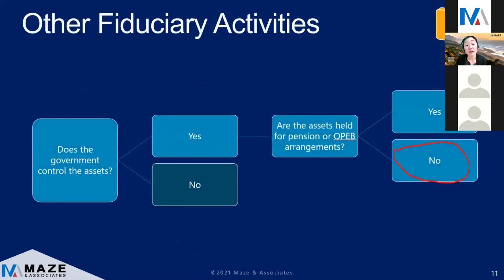So let's say that you look at those activities, and it's not a component unit. We do hold the assets, but they are not held for pension and OPEB arrangements. Then what? This is the part where last year I helped a client implement GASB 84, and I also helped a few clients start the implementation.